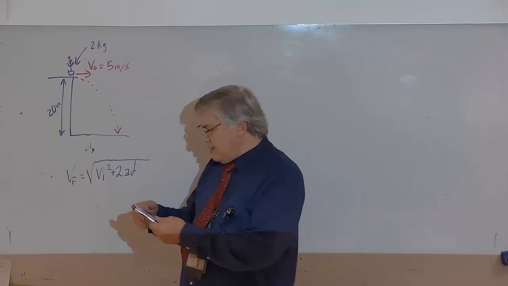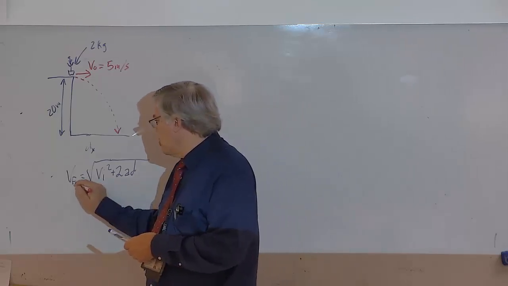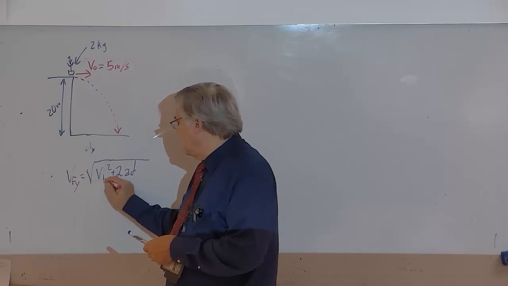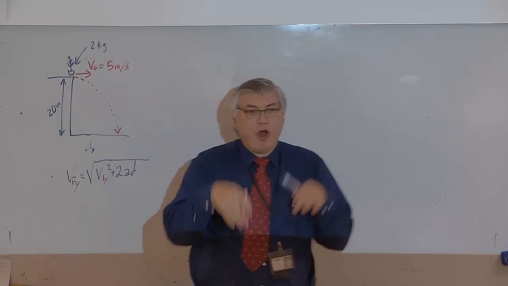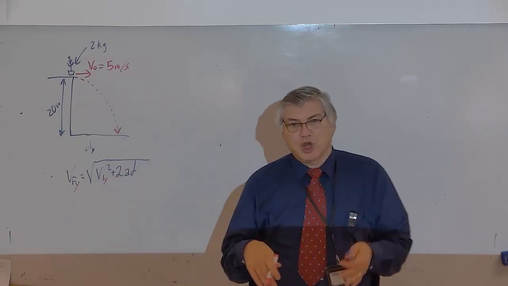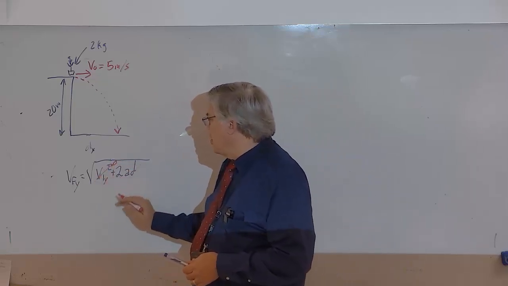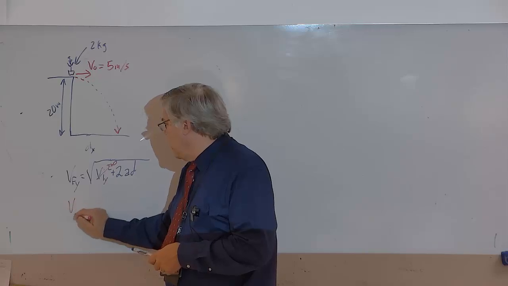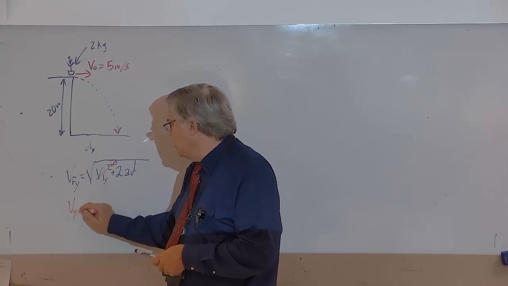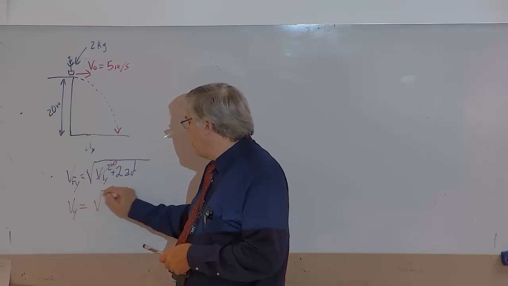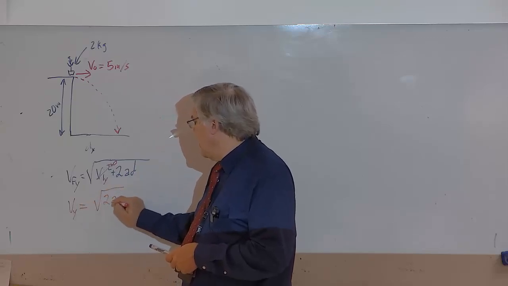And Vi, since we're looking at this in the y direction, and in the y direction, there's no falling yet. No falling has occurred. So this part is equal to 0. So we have V final, when it hits the ground in the y direction, is equal to the square root of 2AD.